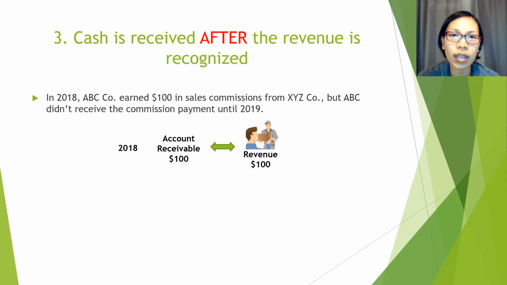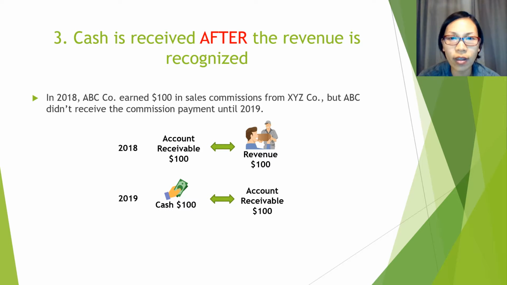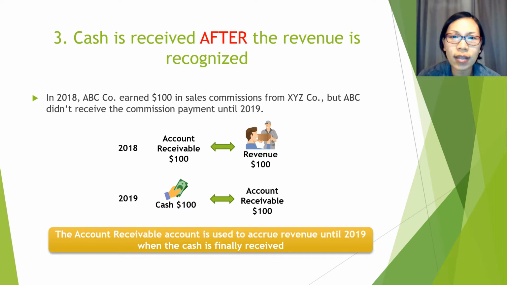Since the company did not receive the cash, it needs a debit account to balance out the entry, and the debit account is called accounts receivable. When ABC finally receives the payment, it has to remove the accounts receivable by crediting it. The key point is that accounts receivable is used to accrue revenue until 2019, when the cash is finally received.